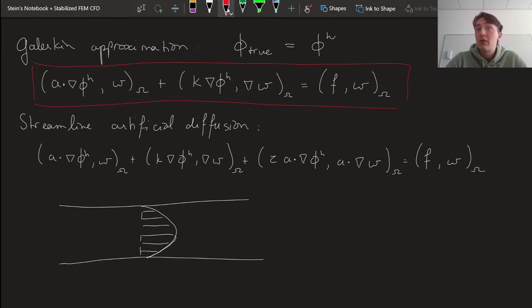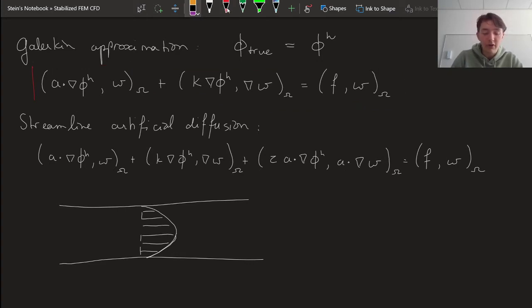And given that this is a coercive formulation, it will permit a unique solution, so that solution will be the true solution. Now, the key point here just being that if the true solution can be represented in the finite element space, then the Galerkin approximation will give us that true solution.